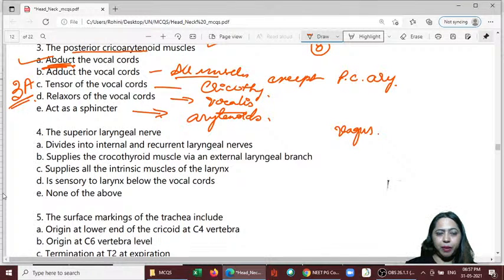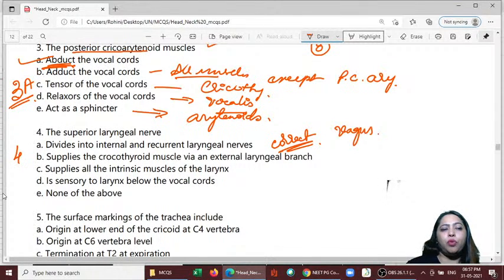Fourth one is A. Divides into internal and recurrent laryngeal nerves. The superior laryngeal nerve divides into internal laryngeal and recurrent laryngeal nerve is the correct statement. So the answer is 4A.